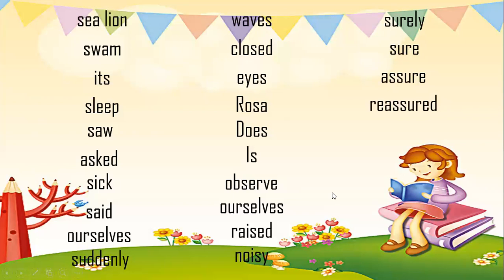So one more time: sea lion, swam, eats, sleep, saw, asked, sick, said, ourselves, suddenly, waves, closed, eyes, rose, does, is, observe, ourselves, raised, and noisy. And in the last sound: surely, sure, assure, and reassure.